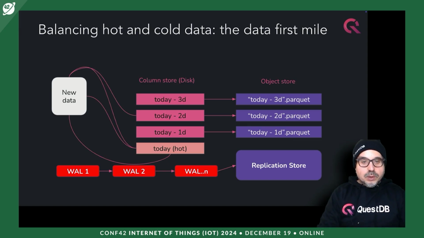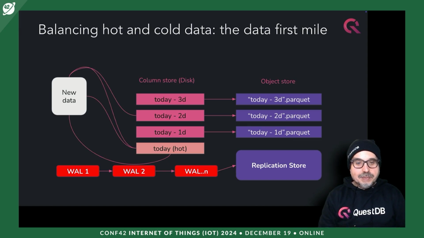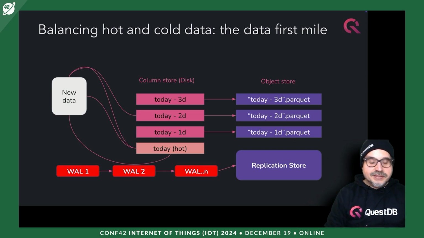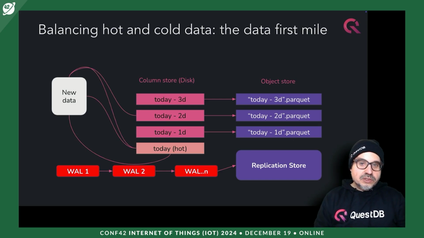A specific thing we are doing in QuestDB, which is a bit unique, is that, as I told you earlier, we have our own binary format in order to be very efficient. So what we are doing these days is, when you are storing data, the latest partition of the data is still stored in our binary format.